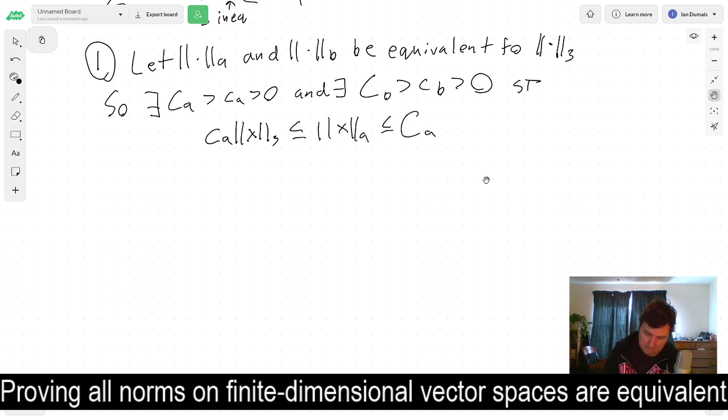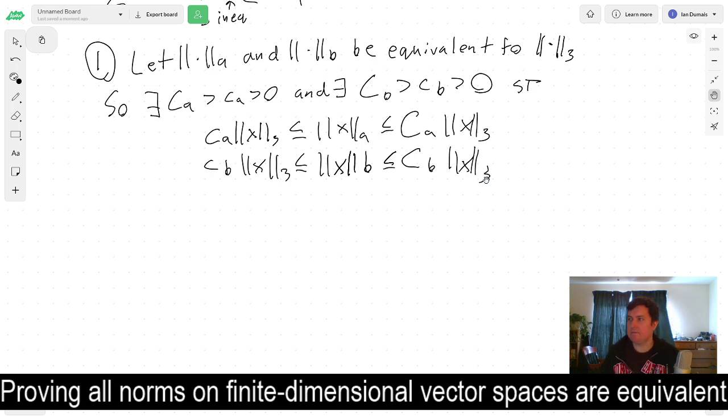There's a big C. And a similar thing for B. And again, this norm 3 could be any norm. So this is just the definition. There exist these constants such that these inequalities are true for all vectors x.